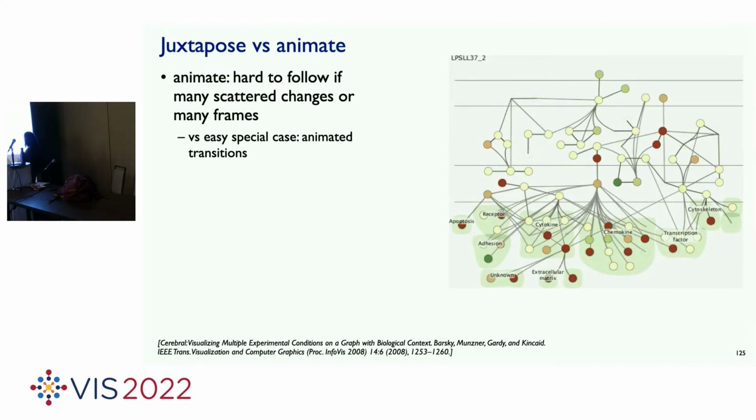The special case where animation is really powerful is if you're transitioning between one thing and another, and you're actually animating the camera to help people see things, or you're deliberately animating points from one view to another. But where you have purely data-driven things and many, many frames and no set idea of end state, it can be quite hard to track. So we often juxtapose rather than animate if we have the pixel budget to do so with the amount of screen real estate we have.